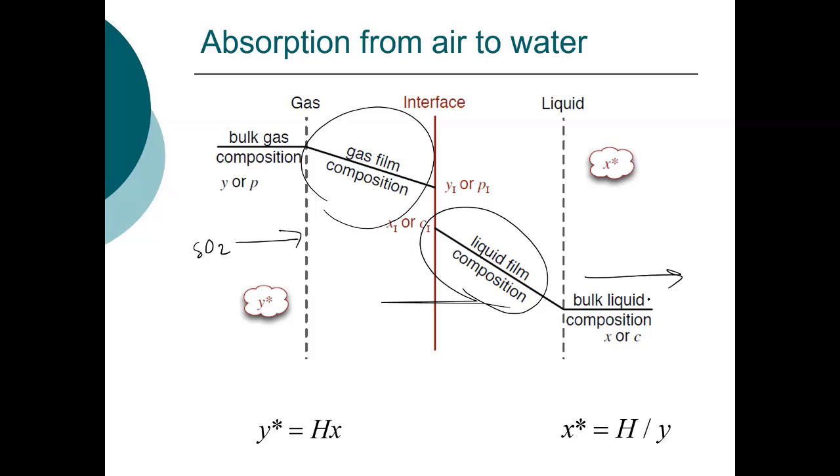And I've written Henry's law in terms of both the equilibrium concentration in the gas phase, Y, and the equilibrium concentration in the liquid phase, X. So we'll use these relationships in the equations.